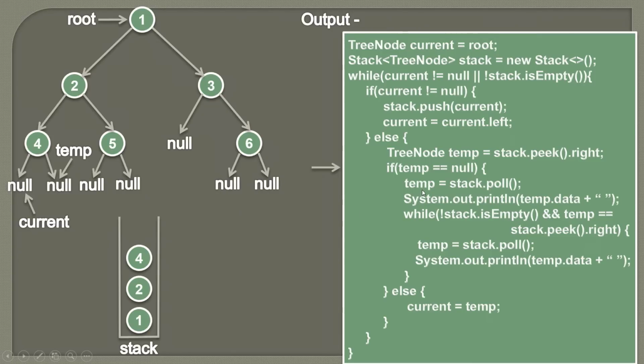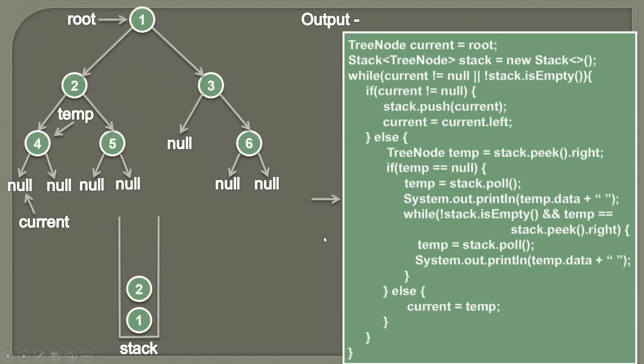So what we can simply do here is pull this element out, because we are now sure that as current is pointing to null and temporary is pointing to null, which means that we have traversed the left subtree and the right subtree for this node. So now we can simply pull this node out and we can simply visit it. So we'll pull this element out, and now temp will point to 4.